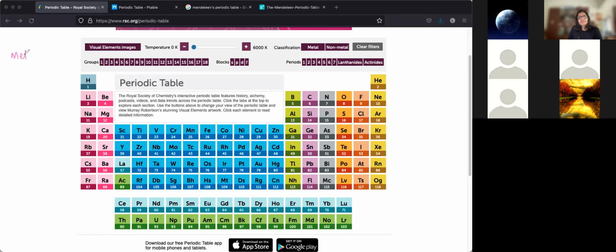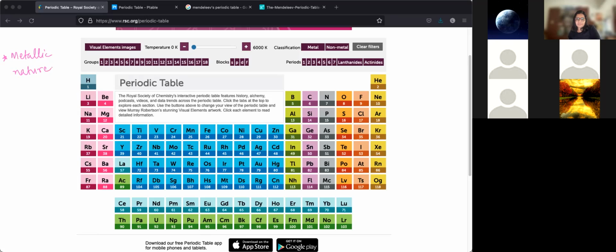Next, metallic nature. So observe, where do you find most of the metals in the periodic table? Left side, right side, top, bottom? Left side, bottom.